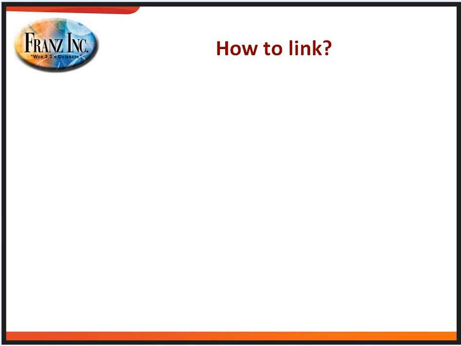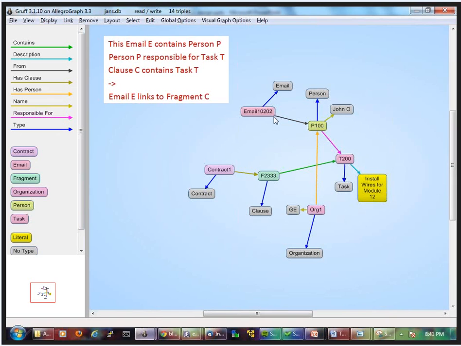So for that, we wrote a set of business rules, and just to give you one example, this would be a business rule where you say, well, if an email E contains a person P, so this email contains a particular person, and this person P is responsible for a particular task, and then there is a clause that contains this particular task, then link this particular email to a particular contract phrase, a contract C. So at the end, there will be a direct link from email to this phrase of the contract.